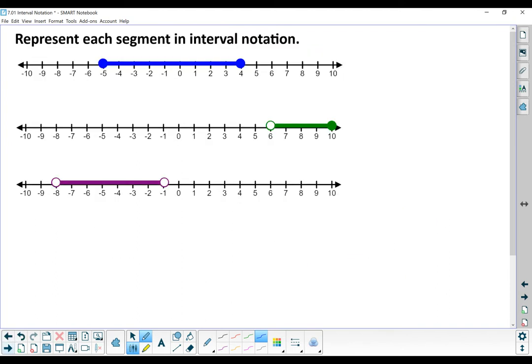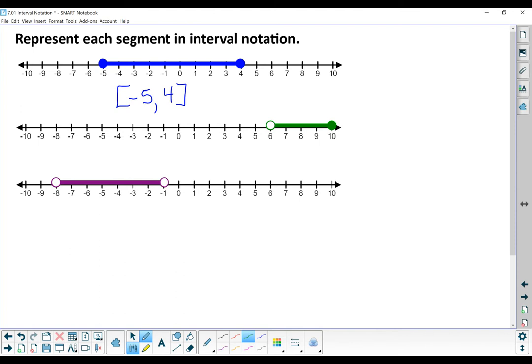All right, so we're going to write each of these graphs in interval notation, and we always want to write our interval notation from left to right, from the lower value to the higher value. So on this one, we have a bracket, -5. So it starts at -5, and the upper bound, the ending value, is 4. Those are both included, so I use square brackets on both sides.